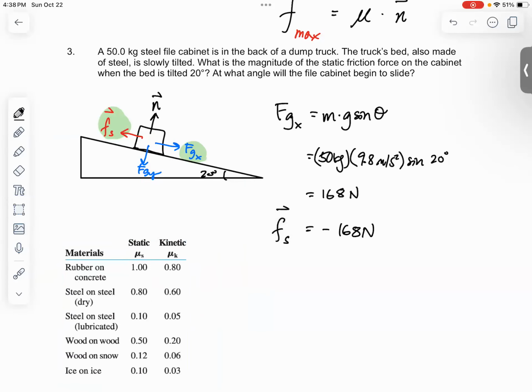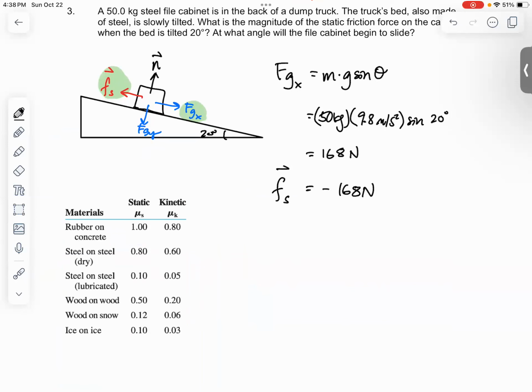So if you take a look at the coefficient of static friction and kinetic friction, one thing that you should see consistently is that the coefficient of static friction is always greater than the coefficient of kinetic friction, which means that it is always more challenging to start moving an object than to keep an object moving at a constant velocity. Okay?